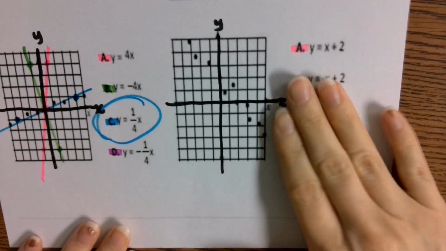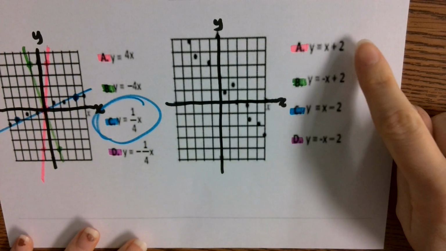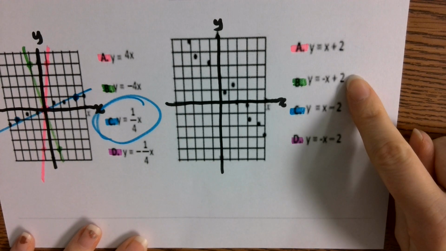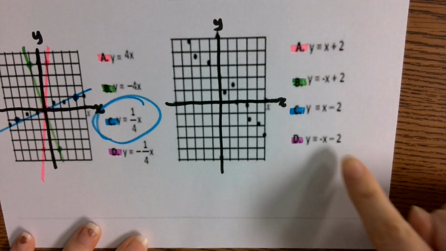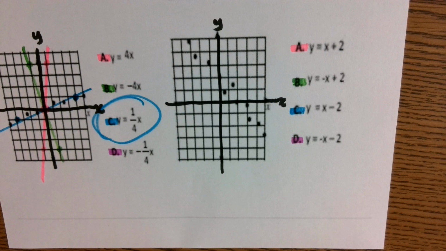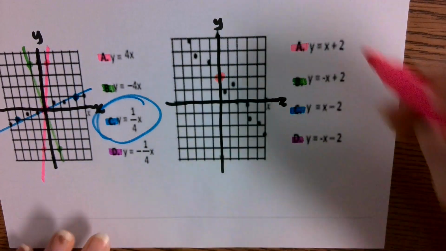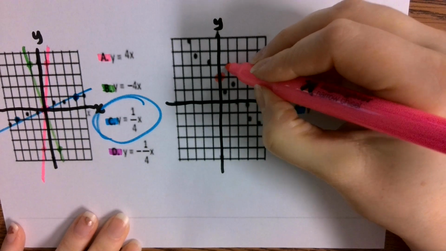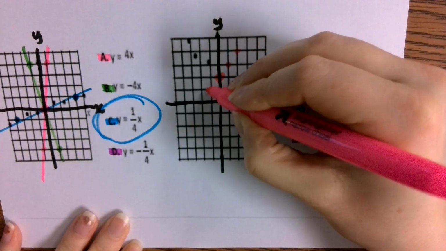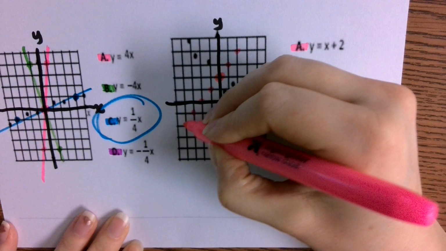With the last one, again, all of these are starting at either +2 or -2. So we have to take a look at them. If I'm starting at +2, I'm starting right here, and then my slope is going up 1 to the right, but there's a problem because I'm going in the wrong direction, aren't I?